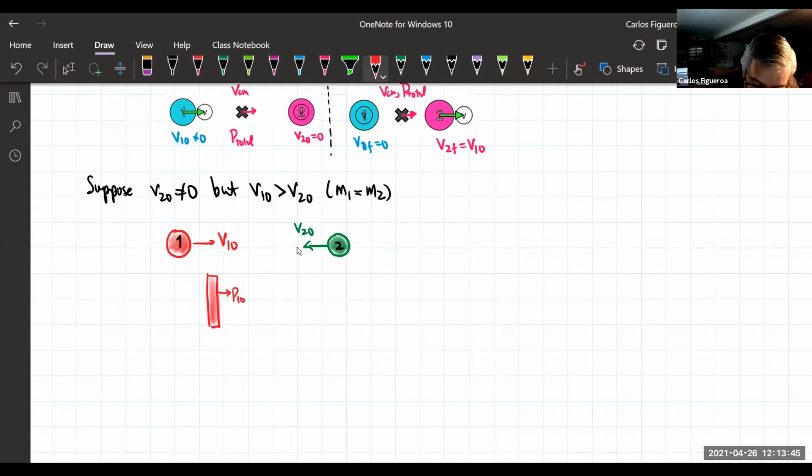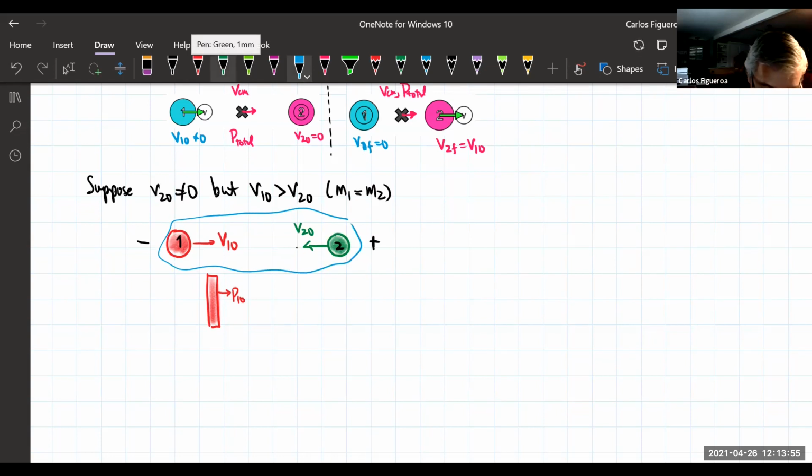And I see that the green is now coming in the negative direction. Again, remember, we still have the same type of system. So the green is moving slower, but it's moving in the negative direction. And of course, that's got to be momentum 2 like this here.